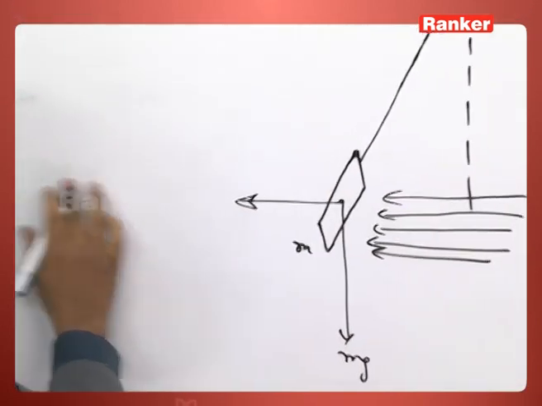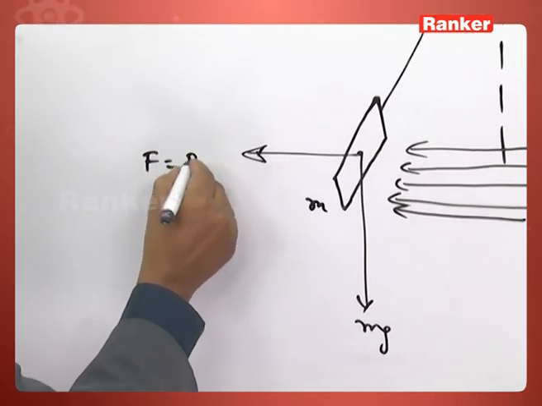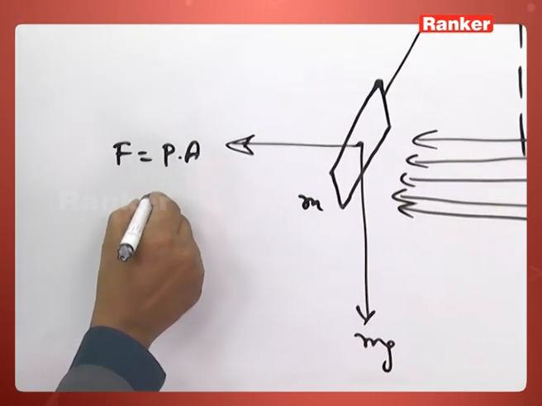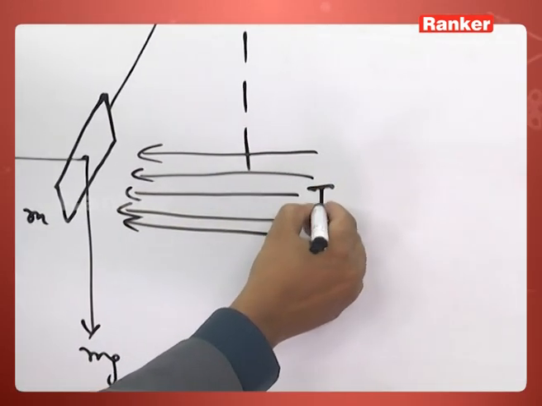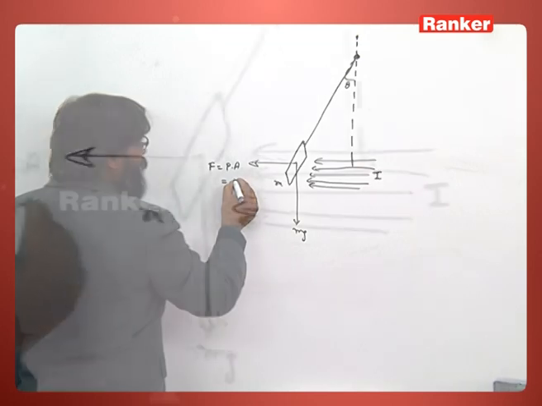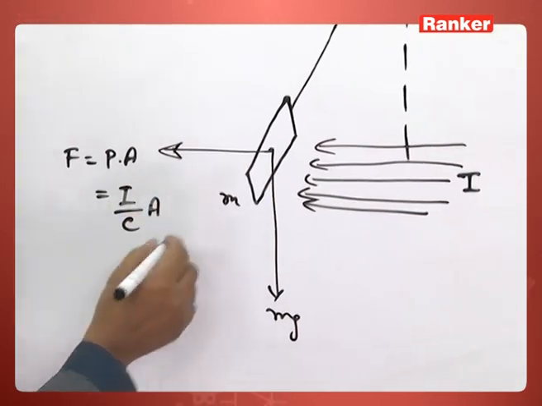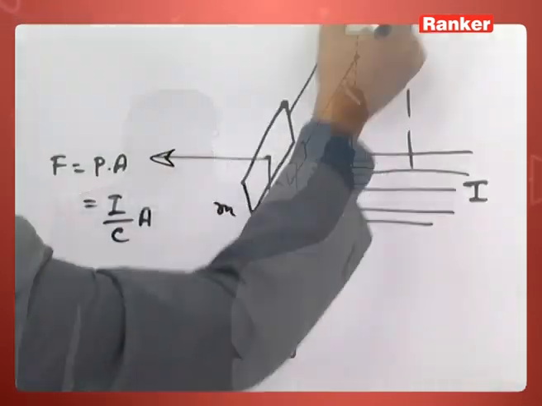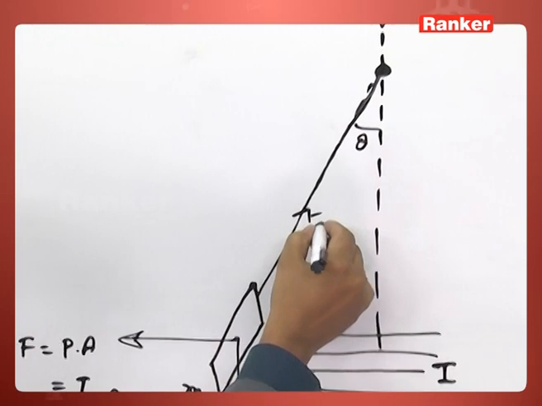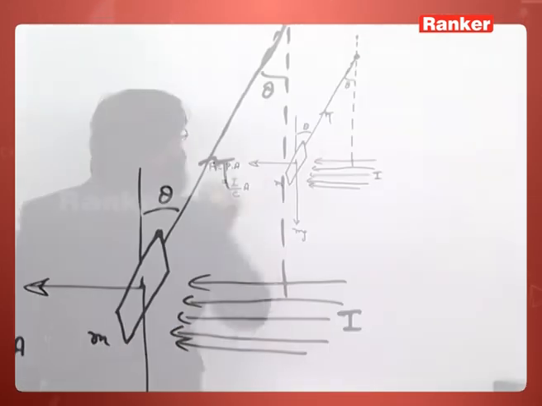So very small angle. Now this is the force, that is radiation pressure into area. We can write it as, suppose I is the intensity of radiation, then I by C into area, since this radiation is completely absorbed. So here we can write tension T, and assume this angle is theta.